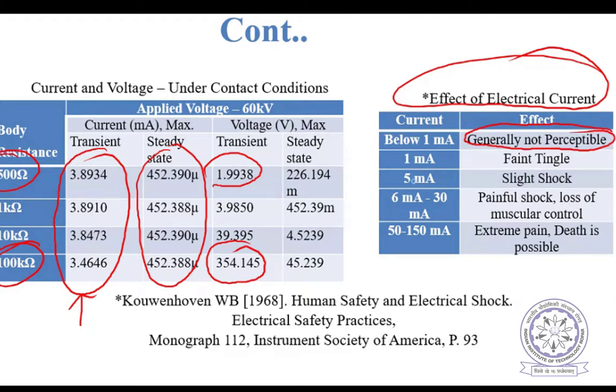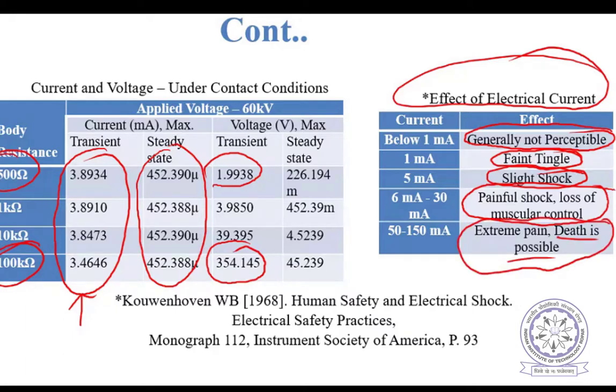Around 1 milliampere, a faint tingle starts, and then around 5 milliamperes, a slight shock. Then 6 milliamperes to 30 milliamperes, a little painful shock, but loss of muscular control may happen here. And 50 milliamperes to 150 milliamperes, extreme pain and death is possible. So these are the harmful effects of the current.